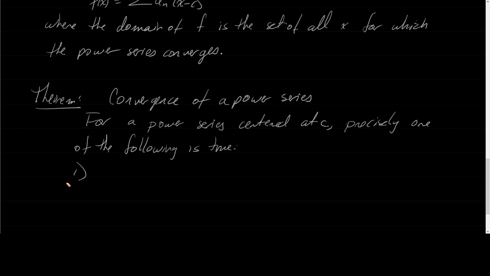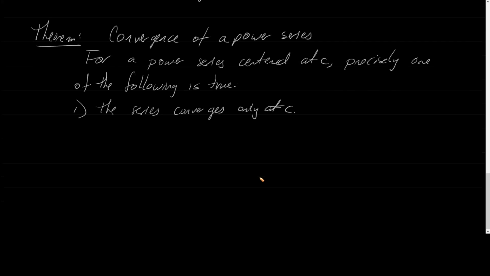So either the series converges only at c. So as a first scenario, the series converges only at c. So in here, what we're saying is that the domain is just the center. That's c, wherever we're centered at, right? And the domain we could write in notation as from c to c, but that's kind of weird to say, right? Maybe we can also just say the domain is just the point c.